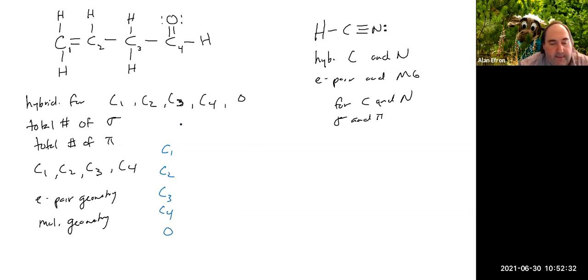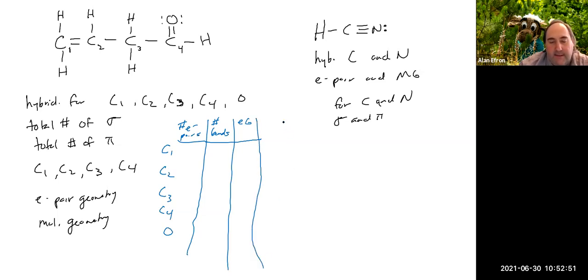Just to help us along, number of electron pairs will be helpful. Number of bonds. That will give us the electron geometry name, right? It'll also give us a molecular geometry name. And also our hybridization. That should take care of most of everything I think we're looking for.